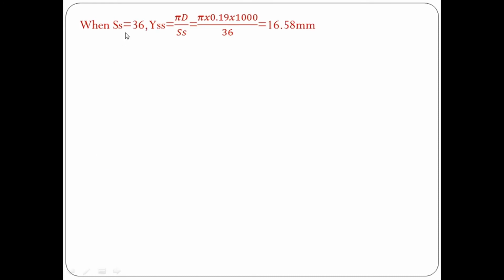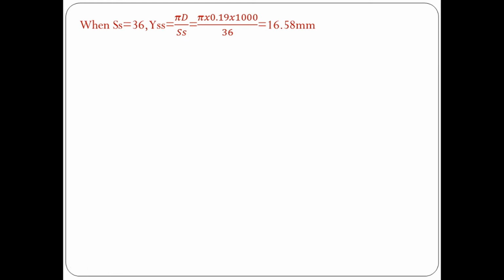So when SS, stator slots, is equal to 36, what is the value of YSS? YSS is nothing but pi d divided by SS, that is stator slots. So pi into d, that is diameter 0.19, divided by stator slots, 36, and converting millimeters to meters, 10 to the power 3.